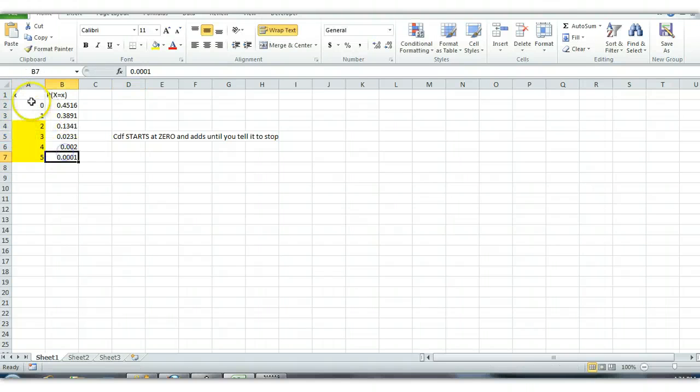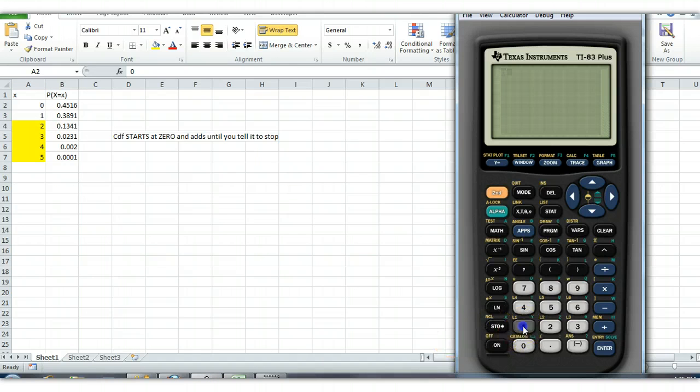Well, if I tell it to stop at 1, then I'll have the two other things that don't make up this probability. The only two things that don't. And I can subtract those from 1, and that'll leave me with this stuff that's in the yellow. That'll leave me with these 4 probabilities. So remember, the CDF starts at 0 and adds till you tell it to stop. So we could tell it to stop at 1 and then subtract that from 1.